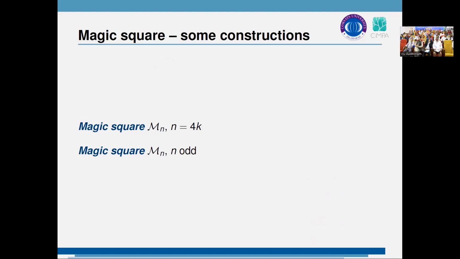I will show you my favorite constructions: one for the case when n, the order, is equal to 4, and the other one for other n. I will not explain why it is working, I will only show you that it is working and how to find the distribution of numbers.